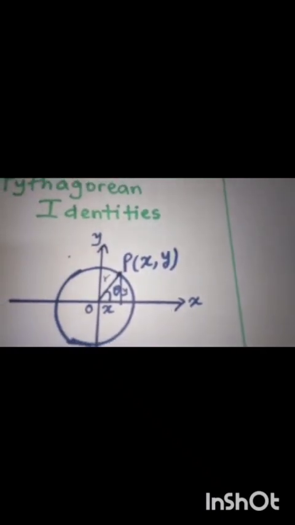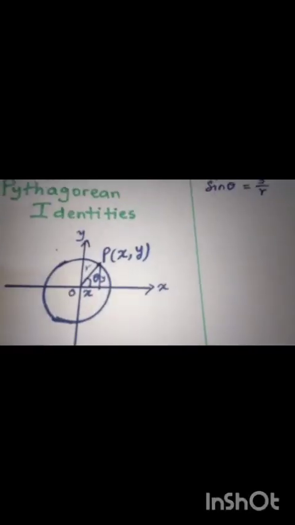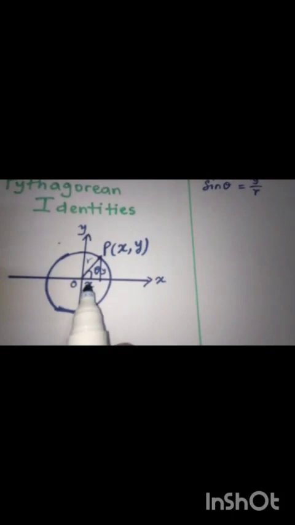Now, how do we derive the Pythagorean identities? From Pythagorean means we use something related to Pythagoras. Let's start by having our trig ratios. Here we have the angle theta. Sine theta is opposite over hypotenuse, that's y divided by r.